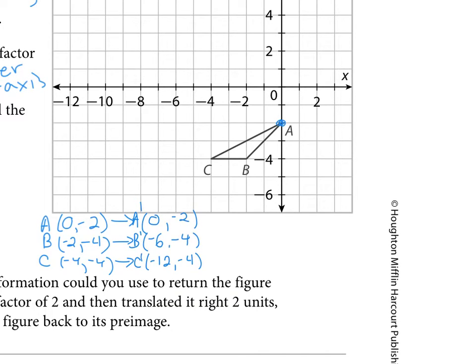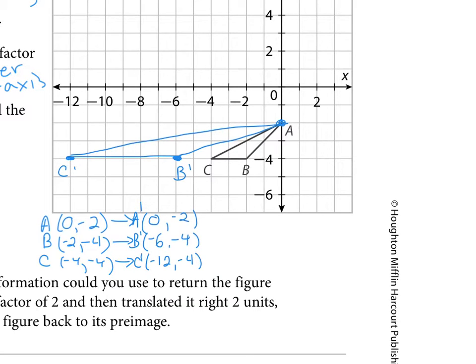B prime is going to land all the way over here on the other side of C. And C prime is going to be over here at -12 on that same horizontal line. So I think like what I was talking about with the silly putty, you can see that this triangle has kind of been stretched out here. So there's A prime, B prime, C prime.